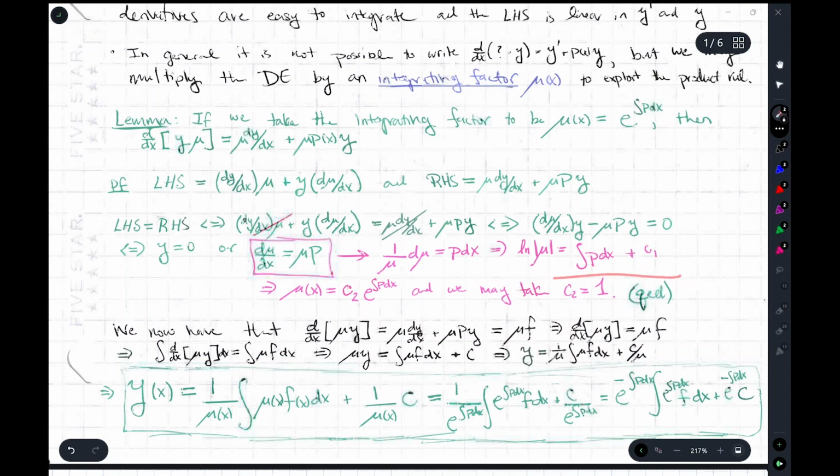We're going to do this in a general way, and you get mu of x equal to a constant times this, and we're just going to choose that constant to be 1, without loss of generality, because the purpose of mu anyway is just to get some function that when we multiply the left-hand side with it, we end up with a derivative of a product.